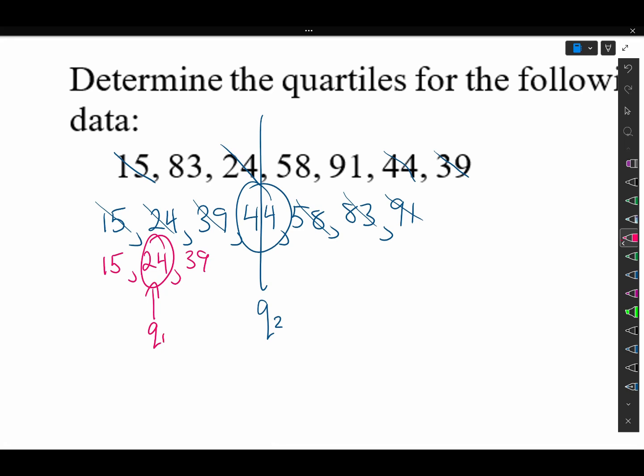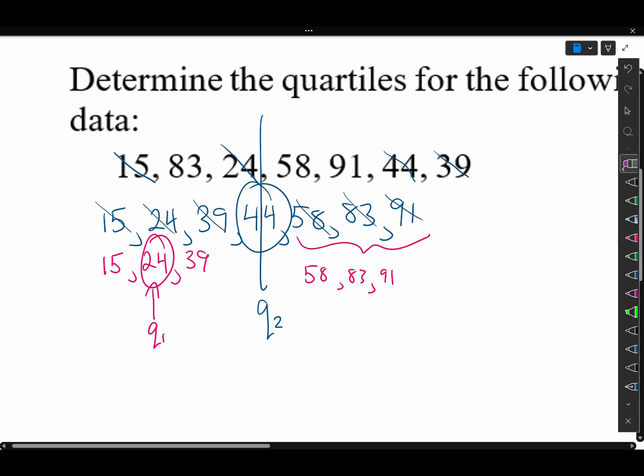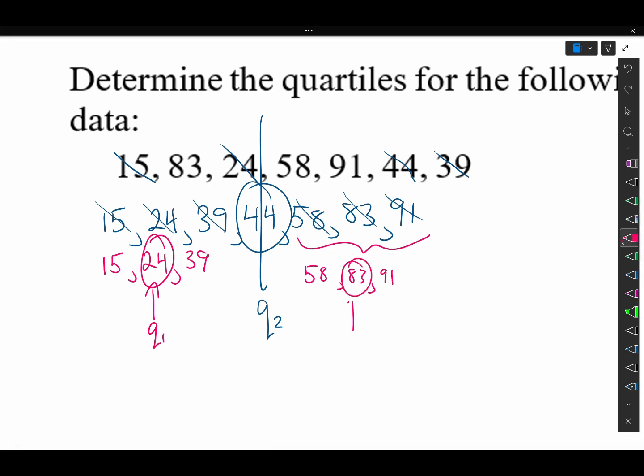Following the same pattern with the upper half of our data, we have 58, 83, and 91. Nice and clearly, 83 is right smack in the middle right here. That is the median of the upper half of our data, and we call this Q3. Now the whole point here is that these three data points, 44, 24, and 83, split up our data into quarters.